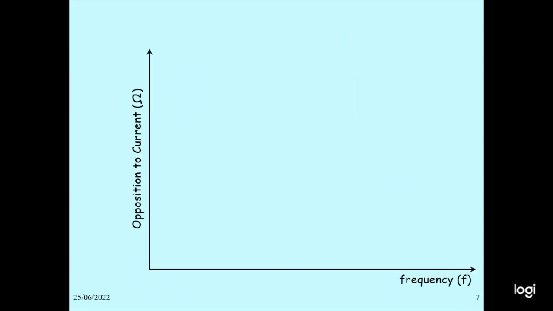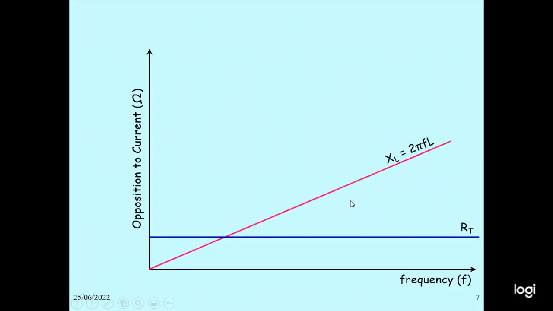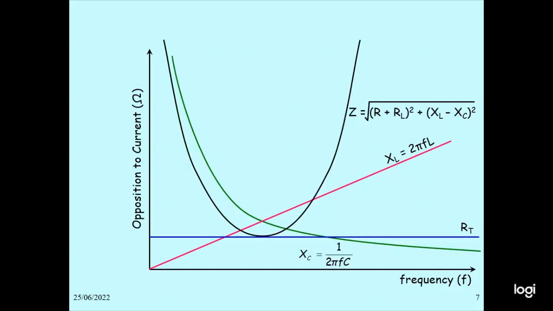So you can see the frequency and the opposition to current. When the frequency varies, there's a resistor R, and XL equals 2 pi fL, depending on frequency, and then we can draw Z equal to the square root of R squared plus XL minus XC squared. So this is the black graph for the impedance.